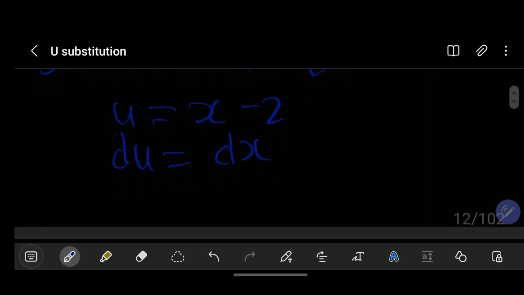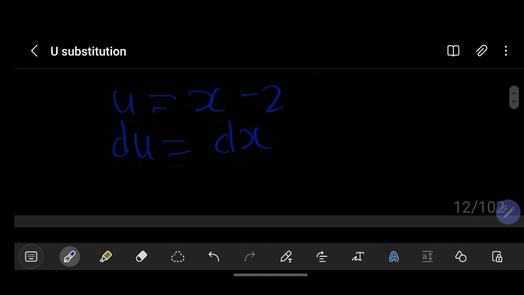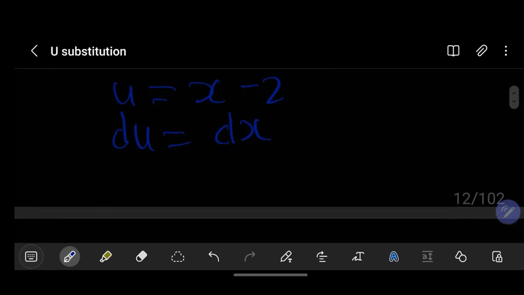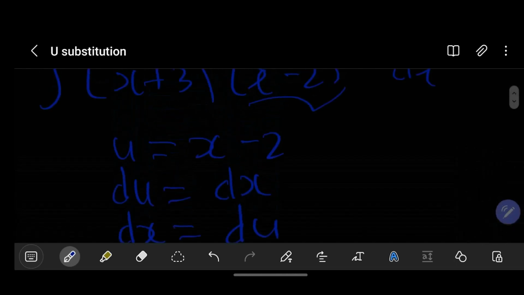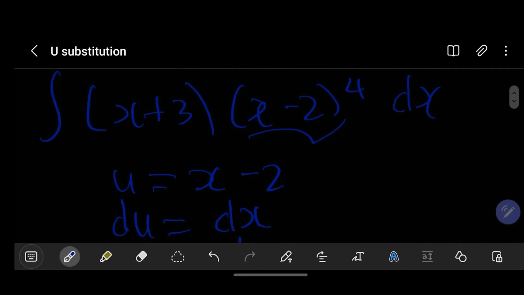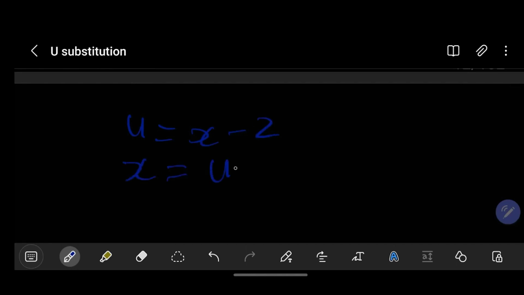So the derivative of x is 1, derivative of 2 is 0. So we will now have dx equal to du, okay? And we also need to solve for x because the x won't cancel out in x plus 3. So we have u is equal to x minus 2. So x is then equal to u plus 2.